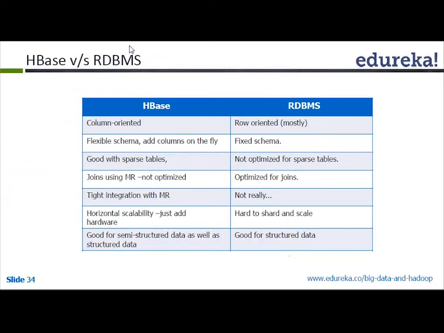Of course, there is no Mapreduce in RDBMS, whereas there is a tight integration with Mapreduce in HBase. You can have very good horizontal scalability in HBase. RDBMS is difficult to shard and scale, and HBase is good for semi-structured and structured data, whereas RDBMS is good only for structured data.